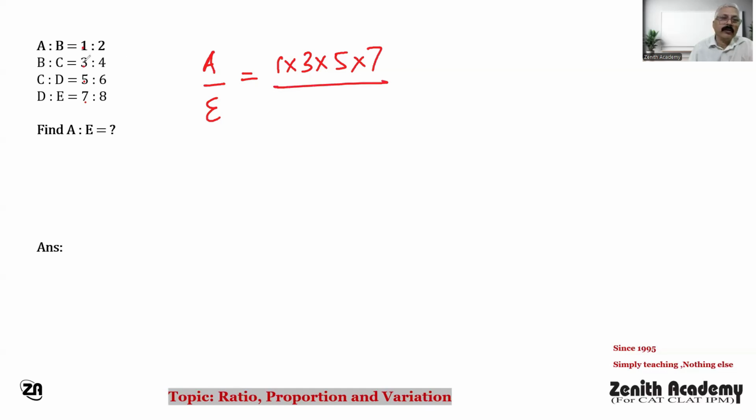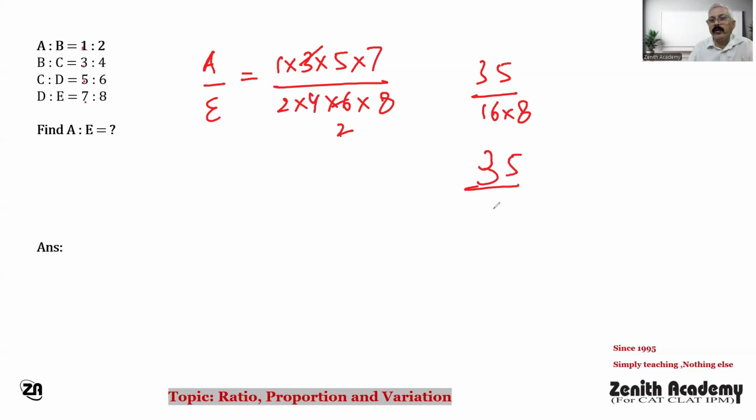You can multiply all the antecedents of the ratios over all the consequents, the product, meaning 2 into 4 into 6 into 8. So 3 twos are 6, 5 sixes are 30, and 30 into 7 is 210. Below, 2 fours are 8, 8 twos are 16, 16 into 8. Okay, 16 times 8 is 128. So 35 is to 128 is your answer.